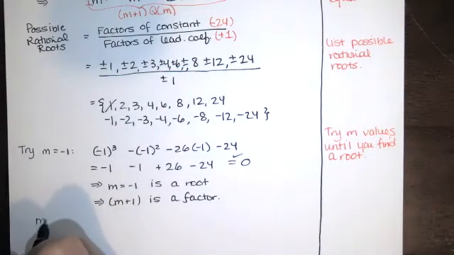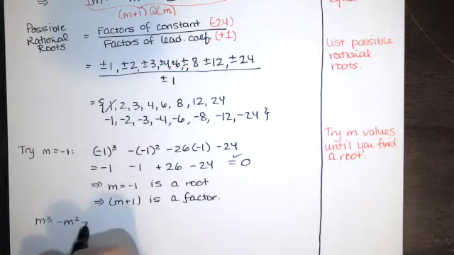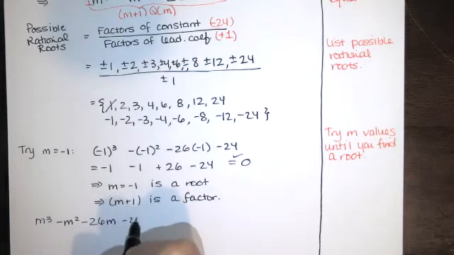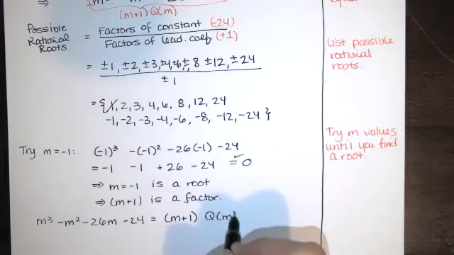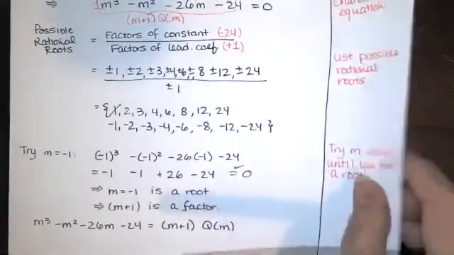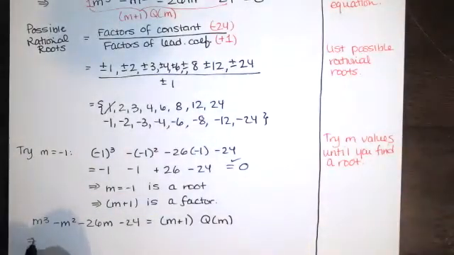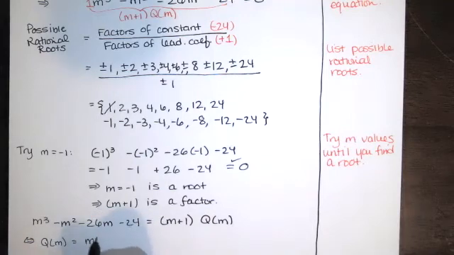So we've got m cubed minus m squared minus 26m minus 24 is equal to m plus 1 times q for some second degree polynomial q. And that's equivalent to saying that q is equal to this.